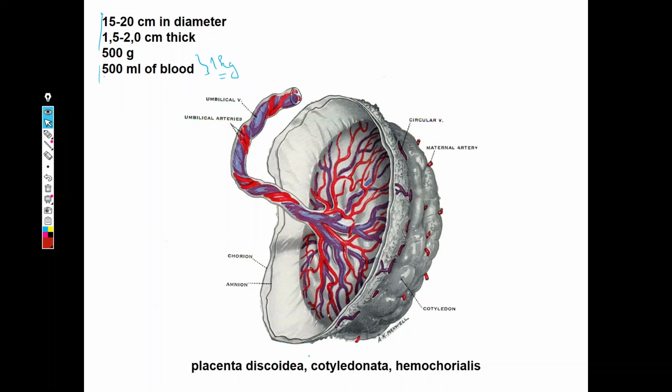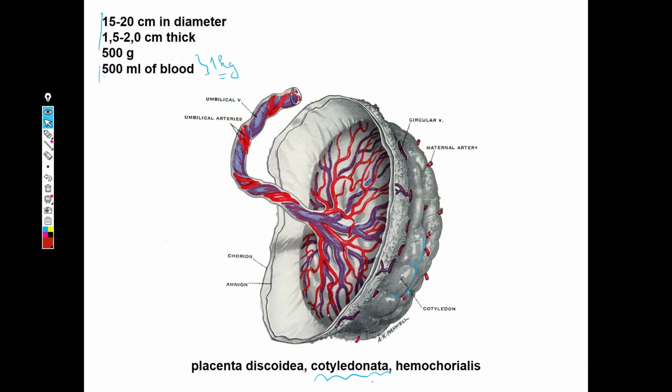It's discoid, that's why it's called discoidea. It's in disc shape. It has cotyledons, which I described. These are these bulges right here. That's why it's called cotyledonata, and it's a difficult name.